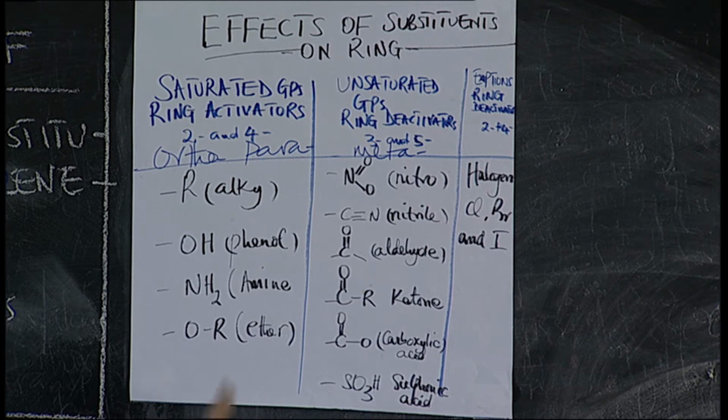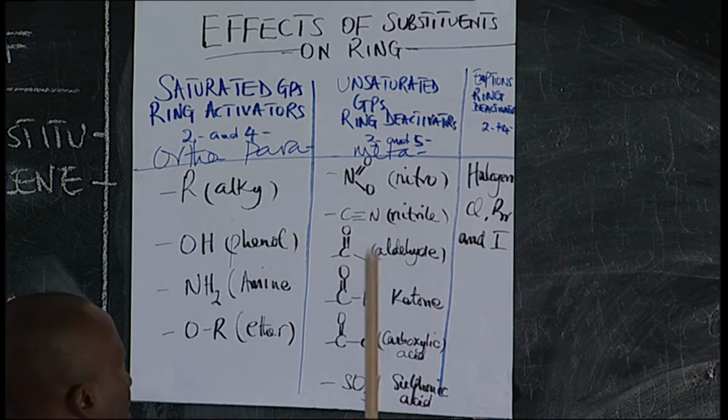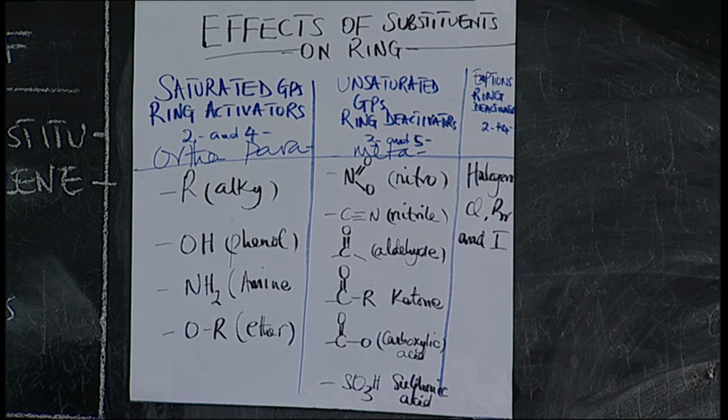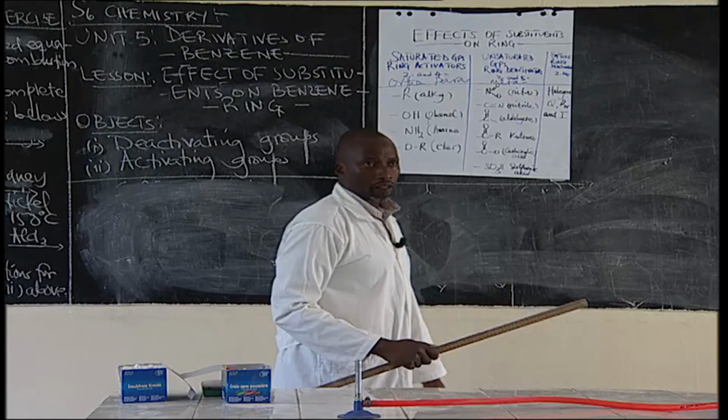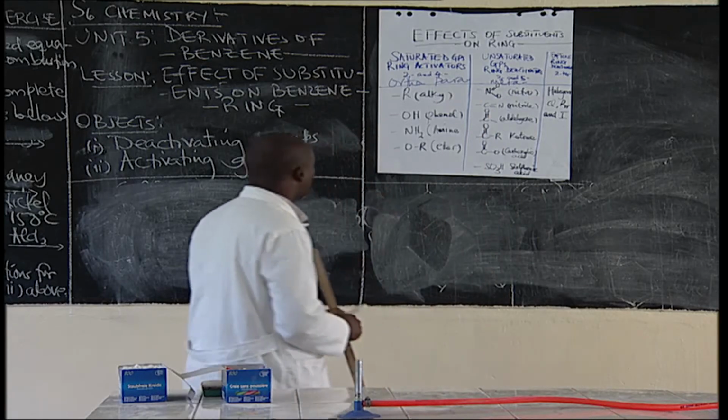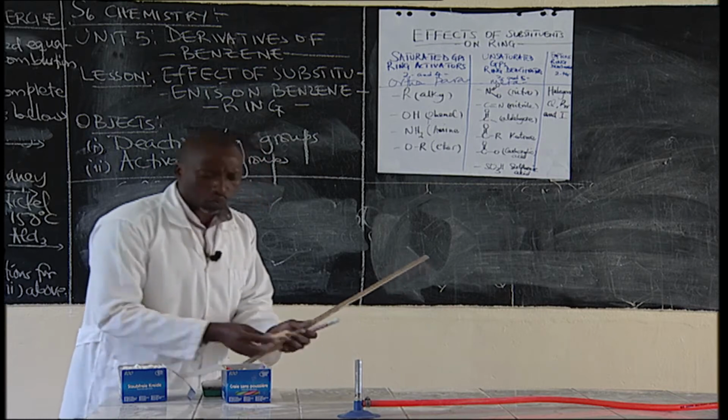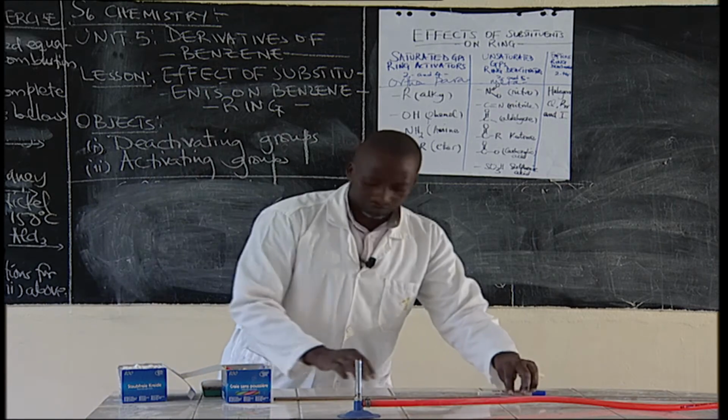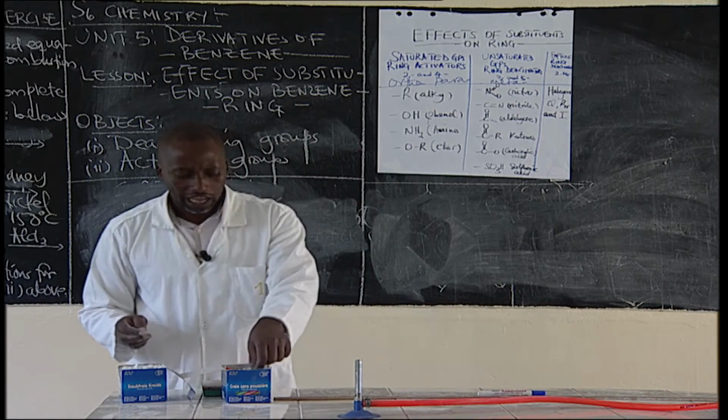But the halogens are exceptions. They deactivate the ring, but still direct the incoming substituents to position 2 and 4. You shouldn't forget that. So what do we mean by deactivating? What do we mean by activating?